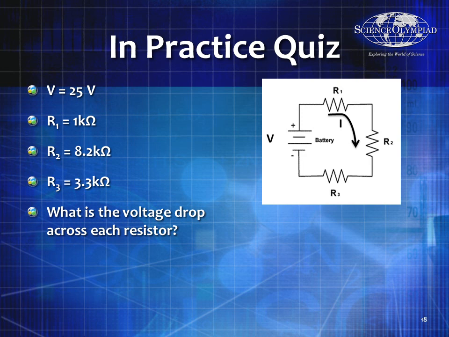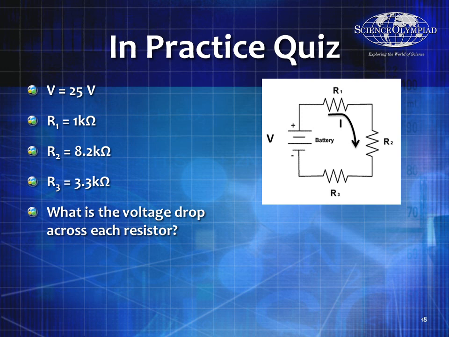Okay, and so what's going to end up happening here is I take 25 times 1 divided by 25. Okay, and that's going to end up being 1 volt across here.